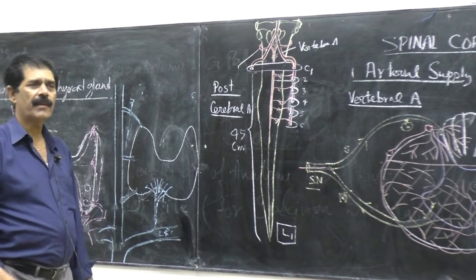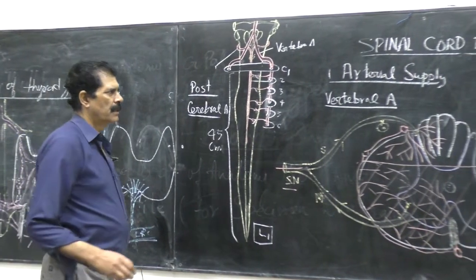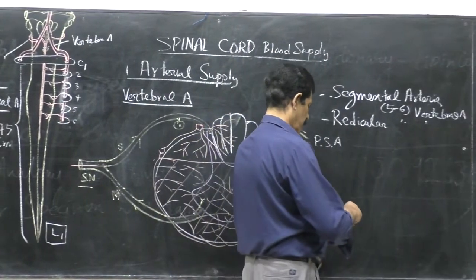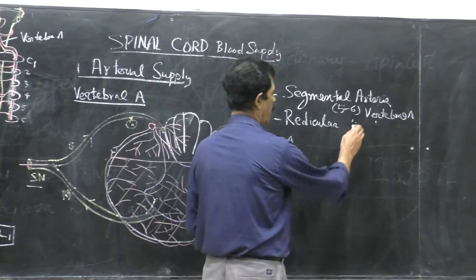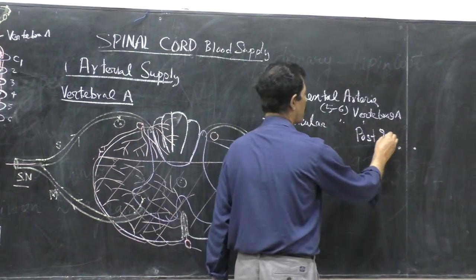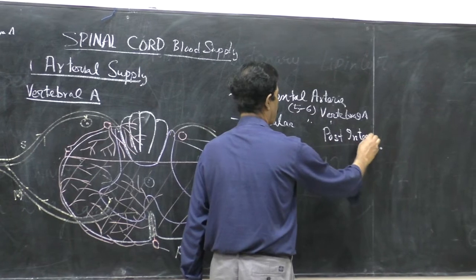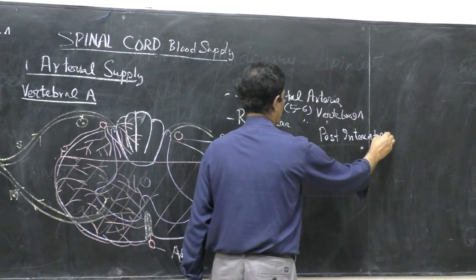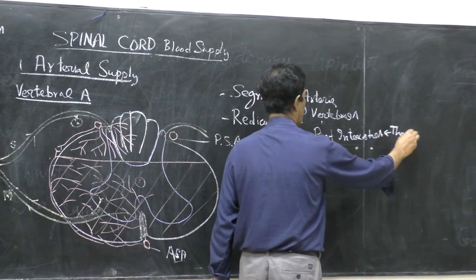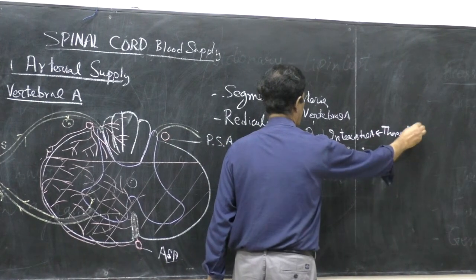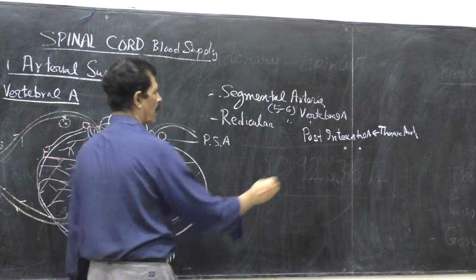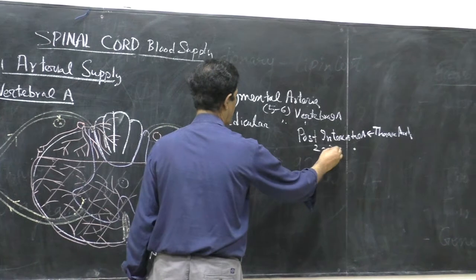Below the cervical vertebra, the segmental arteries are the branches of posterior intercostal arteries, which are the further branches of the thoracic aorta. They are 2 or 3 in number.